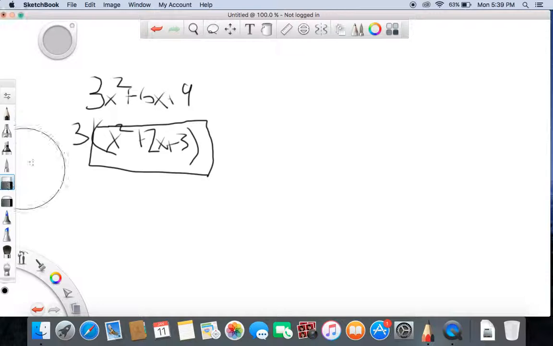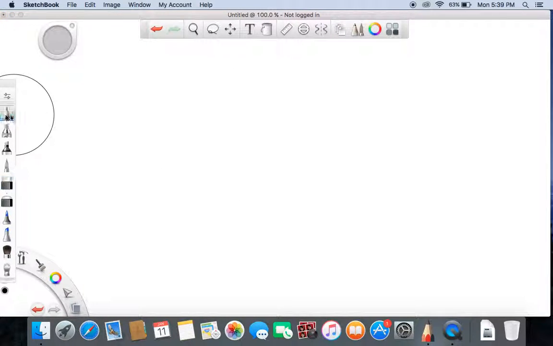So that's x squared plus 2x plus 3. How do you factor this? The first thing you have to do is look at this. I could teach you a complicated way, or I could teach you a really simple way.